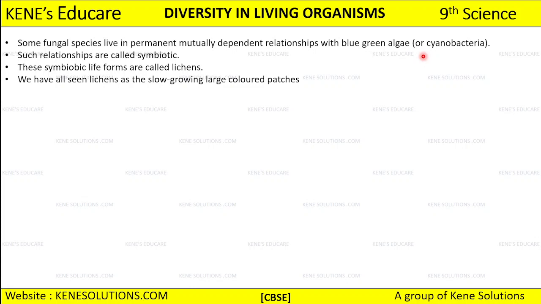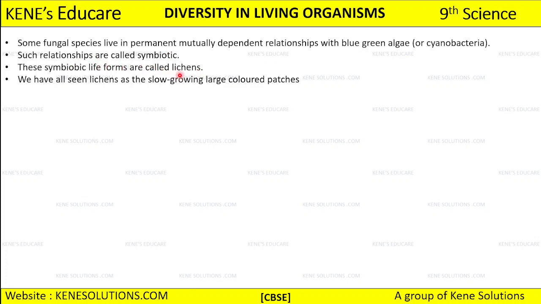And such type of relationship existing between fungi and the cyanobacteria, we call a symbiotic relationship. This symbiotic life form is called lichens.